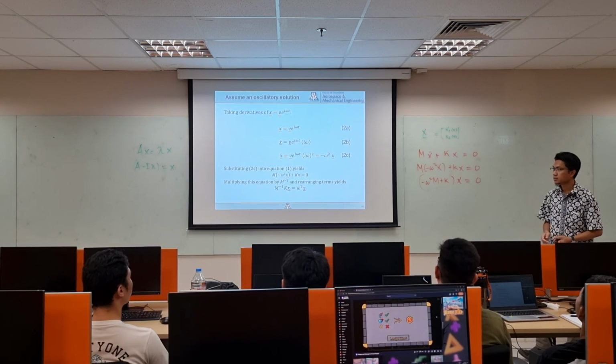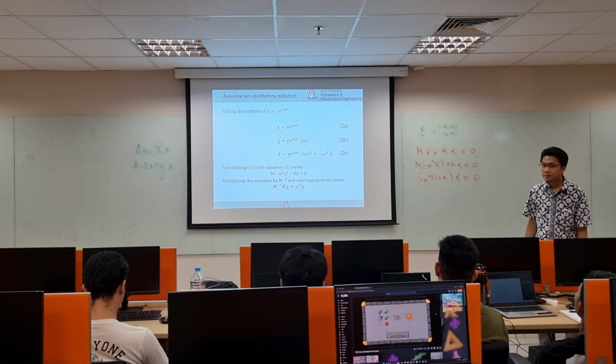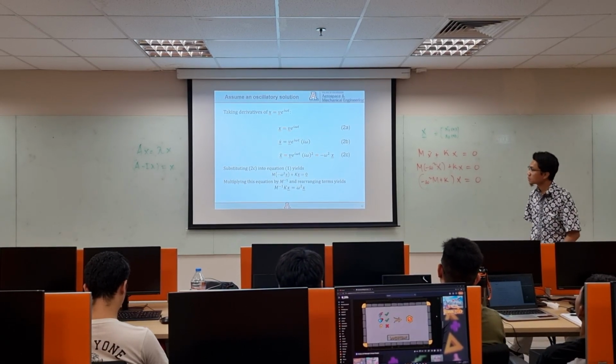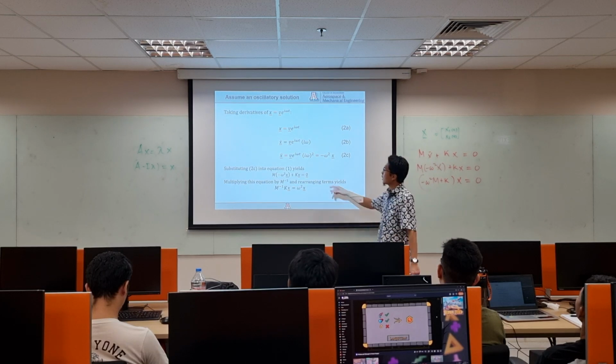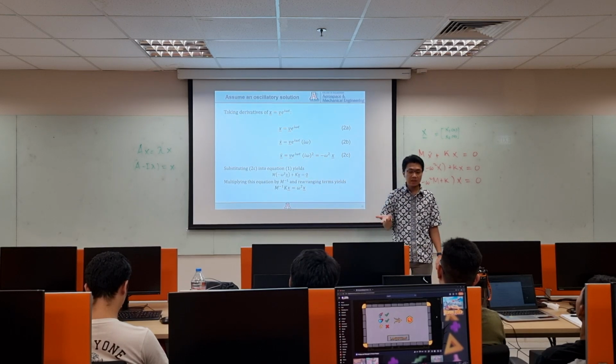So where is the i on the x double dot? Oh, the i is there, we square it. If i is squared, then you will get minus 1.